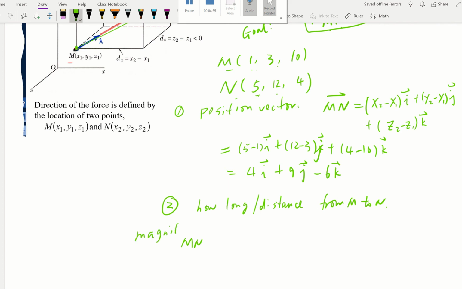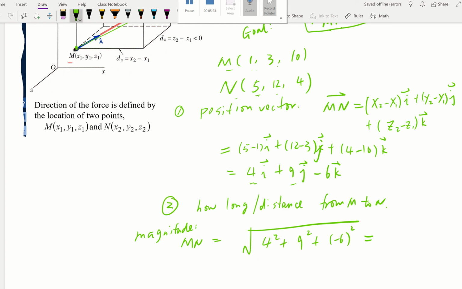It's a distance between those 2 points. And we know when you have a 3D vector, in order to find the magnitude, you figure out the x component 4 squared plus the y component 9 squared plus negative 6 squared. That's going to give us the distance from M to N.